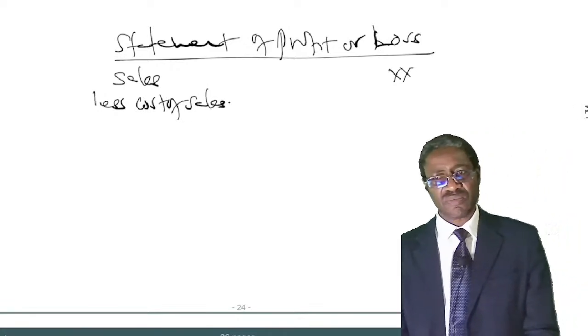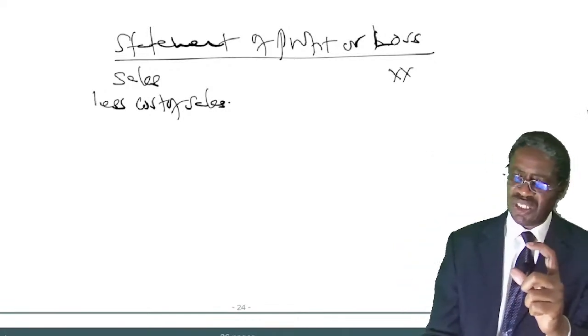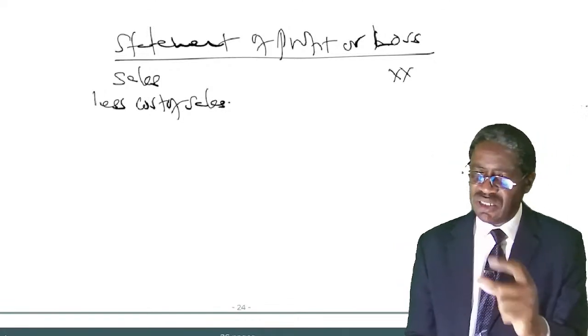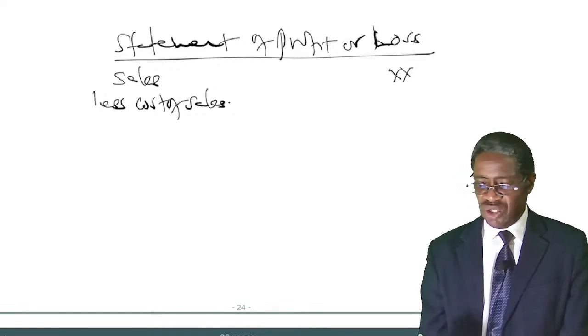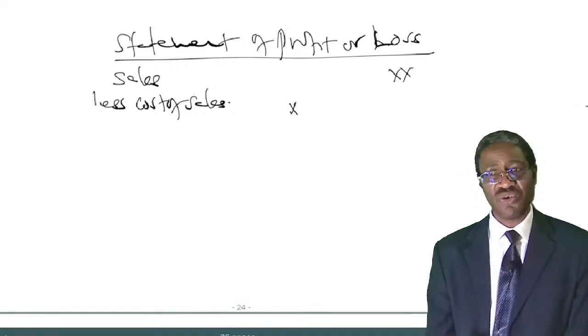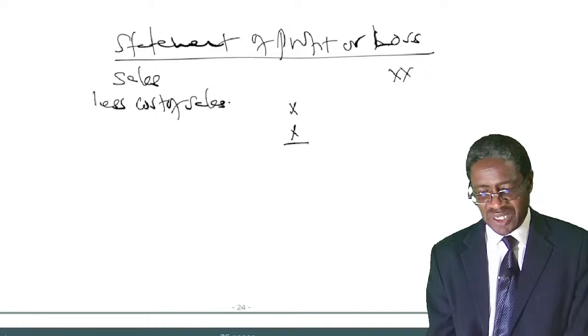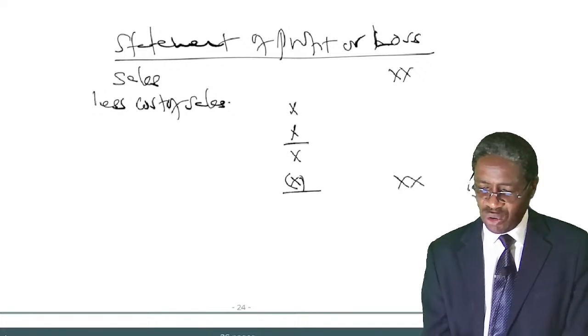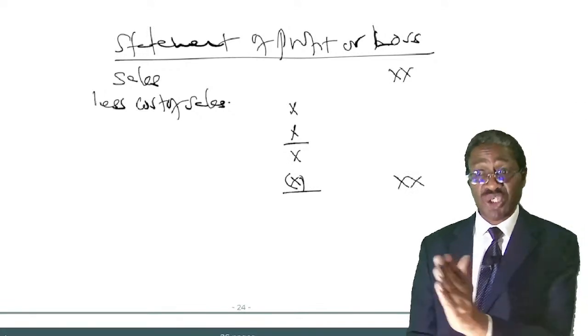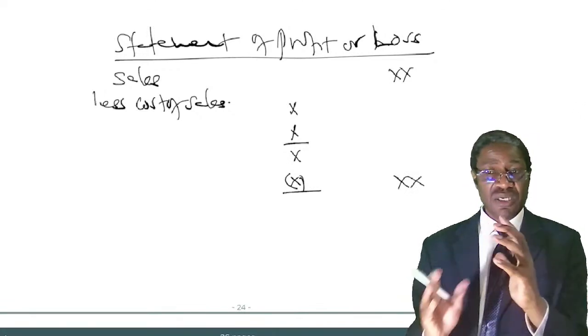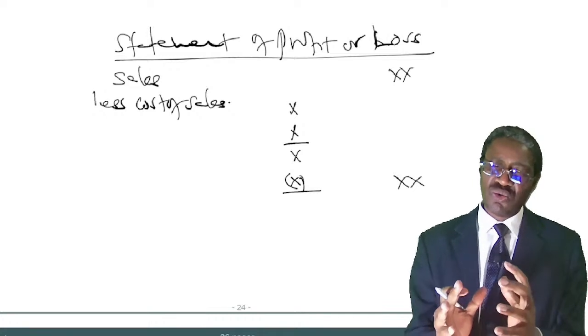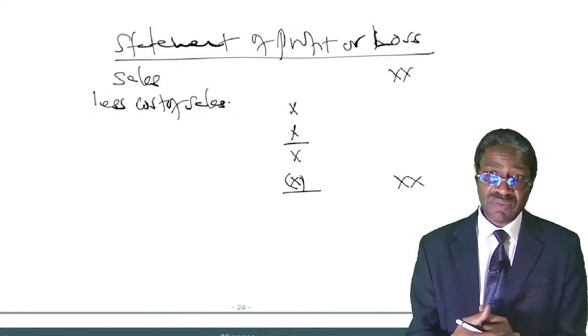Now, in your financial accounting, you had to determine the cost of sales. You had to take the opening stock, add the purchases, and minus closing stock so that you get the cost of sales. That is how you used to do it in financial accounting.